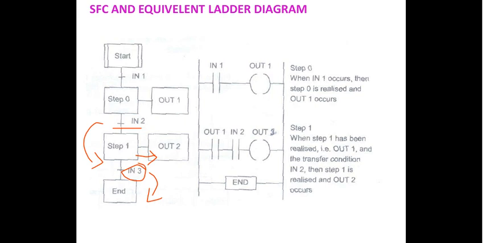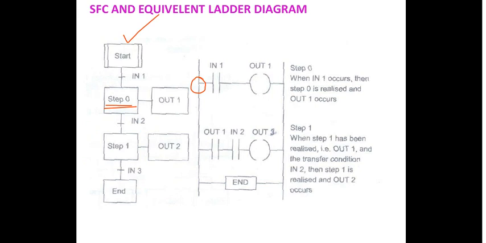You will not be specifying what exactly step 0 is. It could be a normally open switch or a normally closed switch. That itself is the transition, and that transition has resulted in this output, out 1. When IN1 occurs, step 0 is realized, and as a result of that, out 1 occurs.